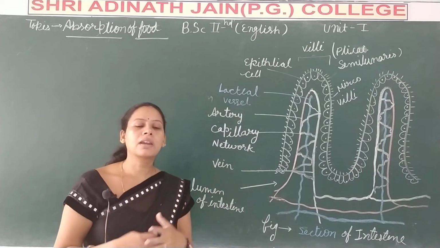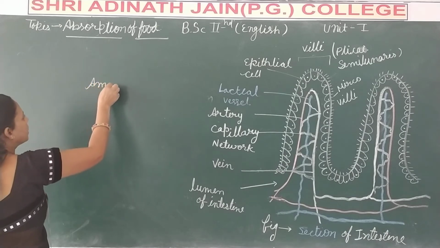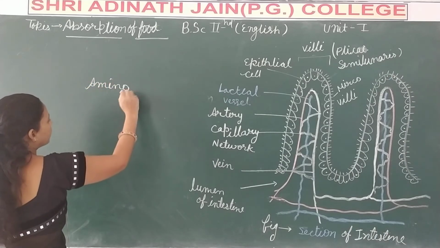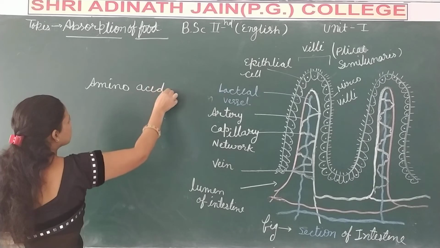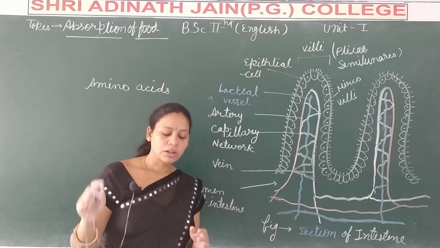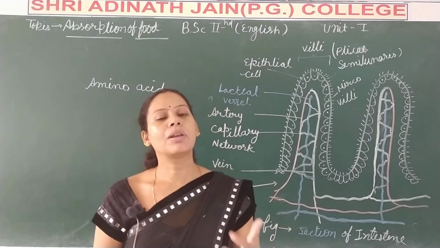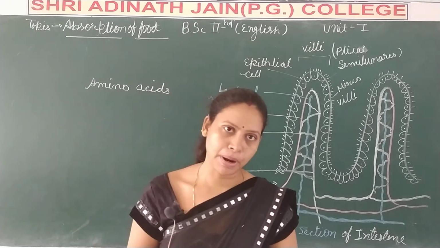Now the second one is the protein. The end products of protein are amino acids. So for the absorption of amino acids, the membrane is selectively permeable.